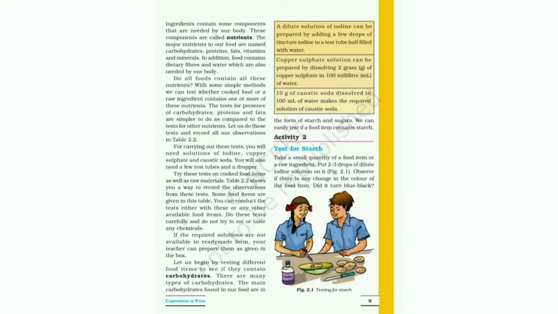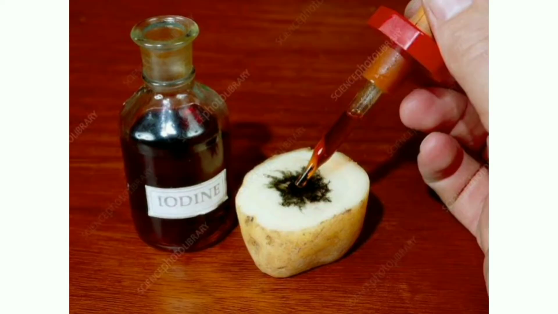To fulfill our needs, now I am showing you some tests, and we will know which kind of food contains which nutrients. You can see that we are adding some iodine to a potato and it is turning blue.